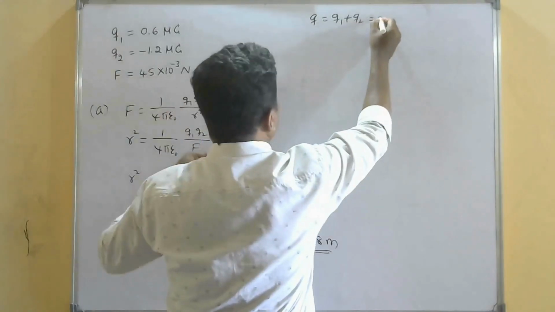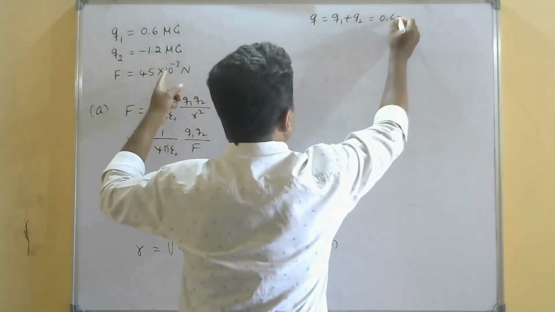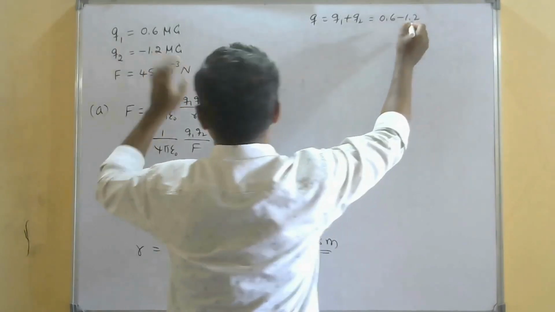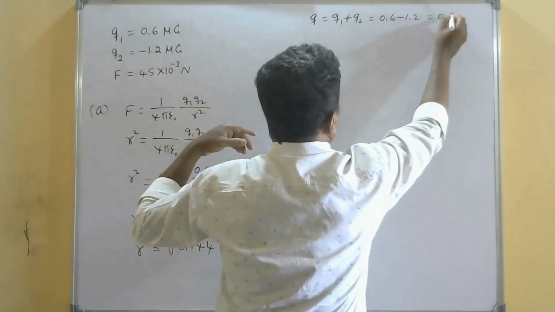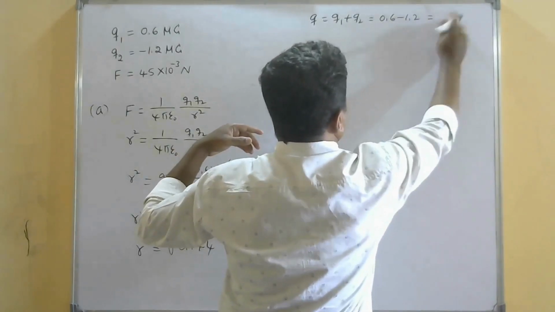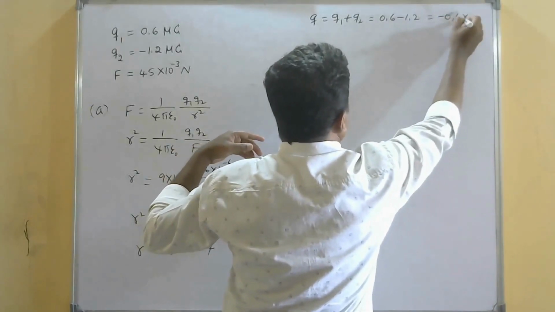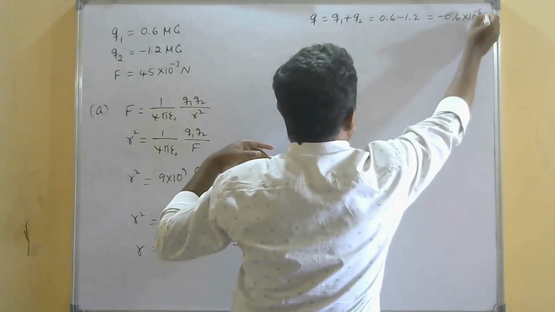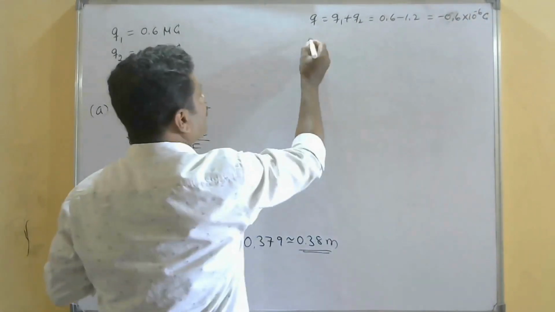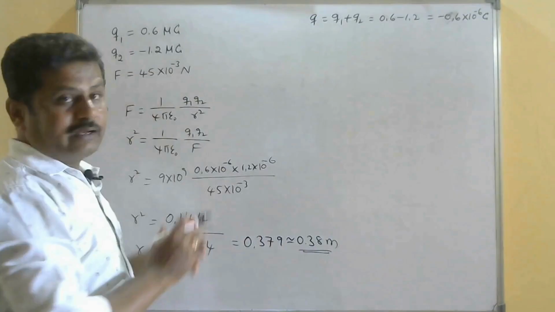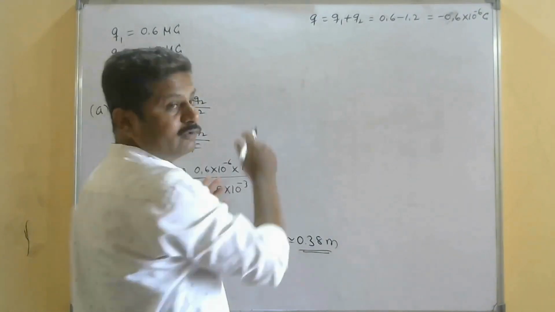Here q1 equals 0.6 and q2 is minus 1.2 microcoulomb, so the total is 0.6 minus 1.2, which is minus 0.6 into 10 raised to minus 6 coulomb. These two spheres are identical in nature, so the charges will be equally distributed.